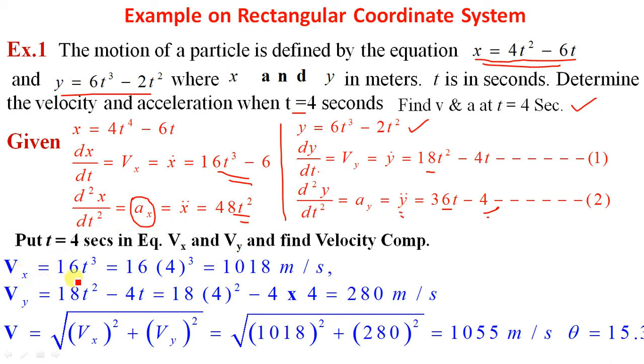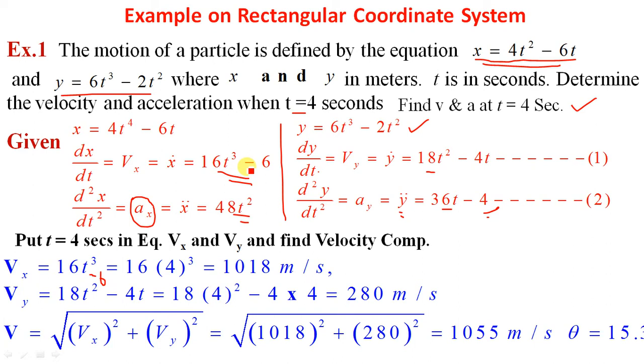So Vx is equal to 16t cube minus 6. This is the value of Vx. So I have made a mistake over here. So Vx is equal to 16t cube minus 6. So what I will get over here, 16t cube, 16 into 4 cube.